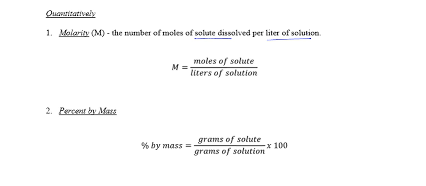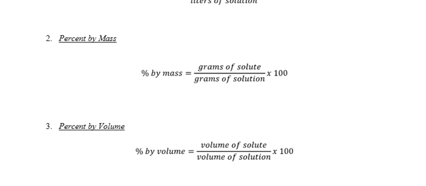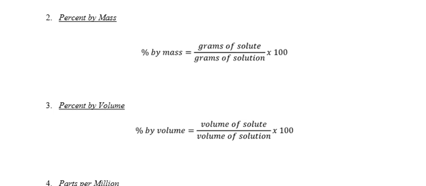And when we do the problems, we'll see how we work this out. The second most common type is percent by mass. Percent by mass has the formula grams of solute over grams of solution. The grams of solution is the combination of the solute and the solvent. And sometimes those problems are a little trickier, which we'll look at.